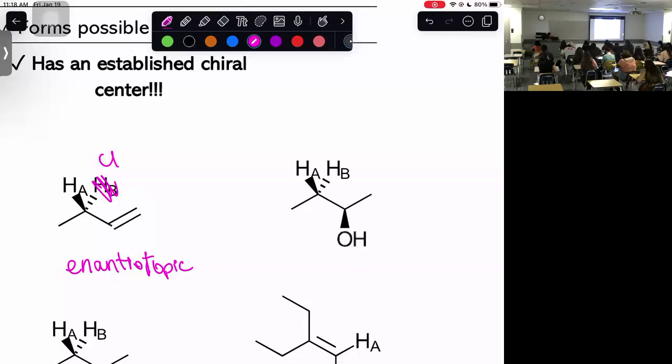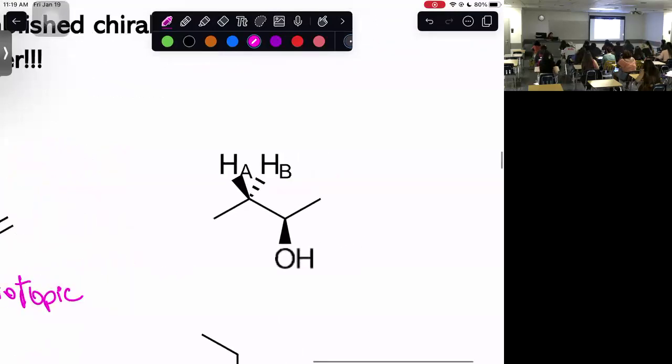The last molecule in there, HA and HB, what's their relationship? Diastereotopic. Why? What do you notice? If you do the Q test, you create a chiral center. Is that the only requirement to be diastereotopic? Because so far it's the same as enantiotopic. So what was the difference?